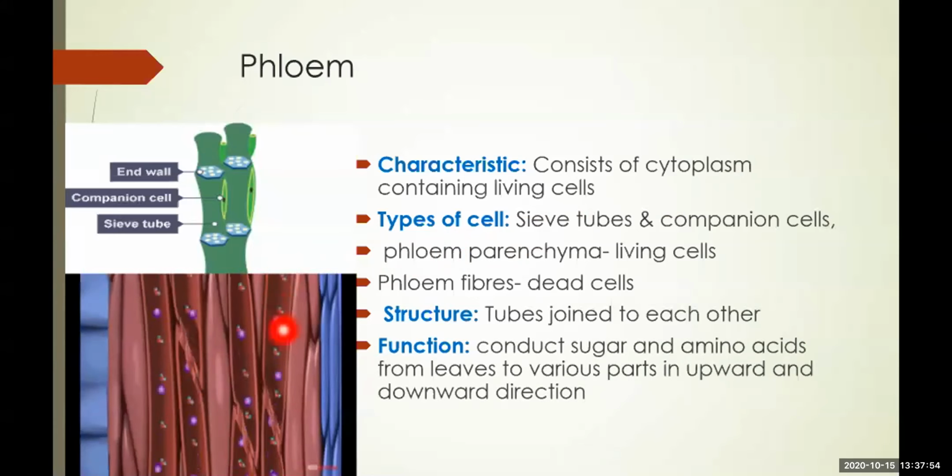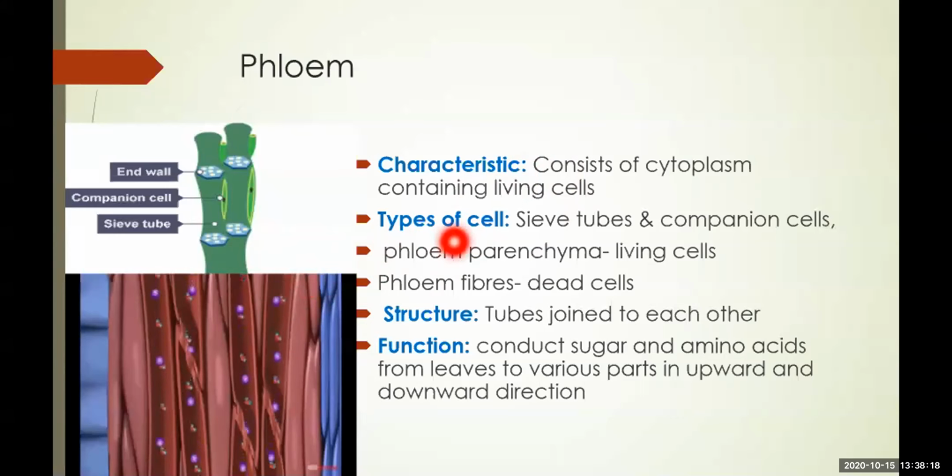Now, the function of this phloem tissue is to conduct sugar and amino acids or other nutrients that are formed by the plant due to photosynthesis and carry them out to the storage part.